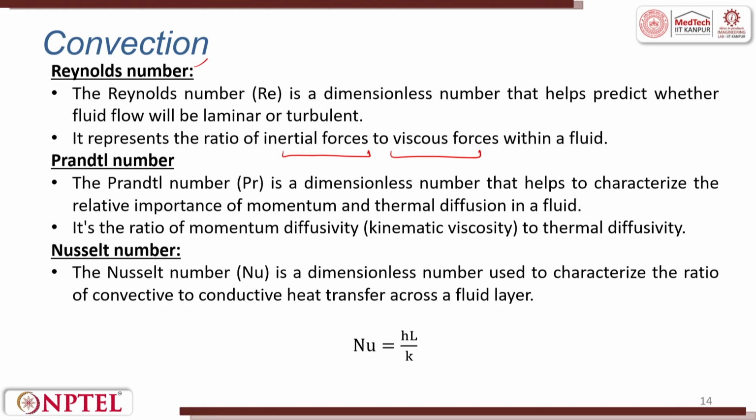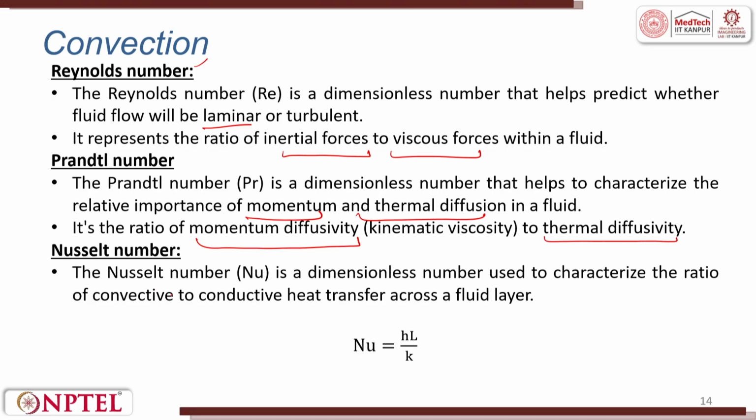Lower than that, it is a streamline flow, or we call it a laminar flow. Then comes Prandtl number. Prandtl number is another dimensionless number that helps to characterize the relative importance of momentum and thermal diffusion in a fluid. It is the ratio of momentum diffusivity, that is kinematic viscosity, to thermal diffusivity.